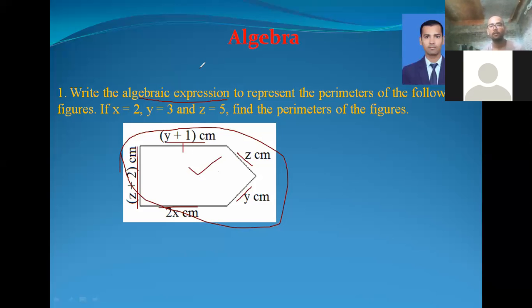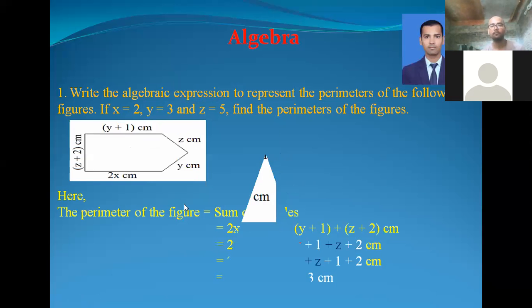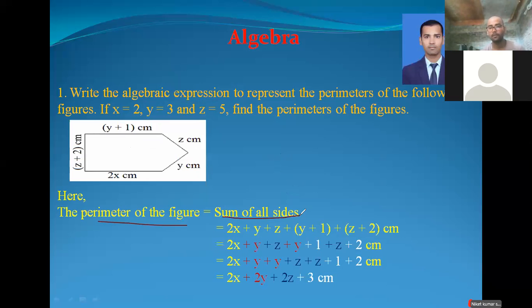So let's solve it, look at it carefully. How can we solve this type of figure? Perimeter of the figure is equal to the sum of all sides.